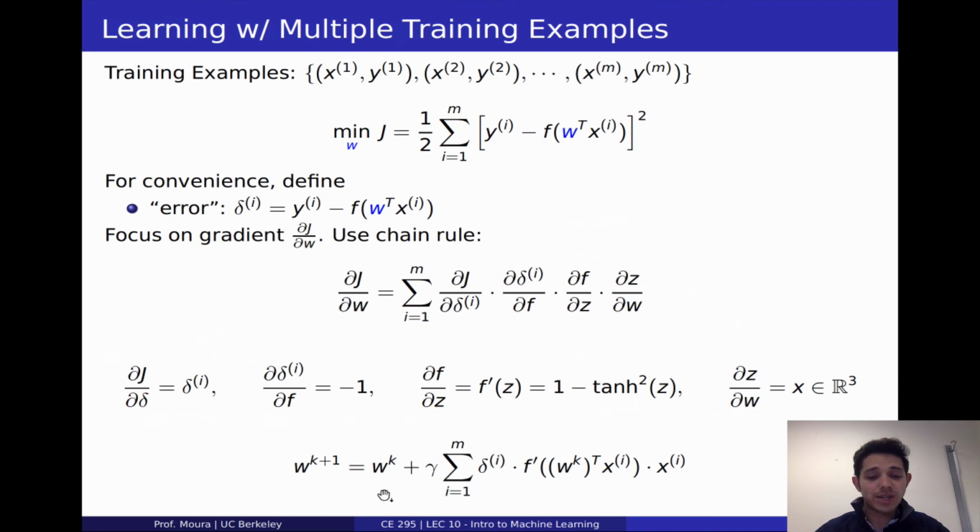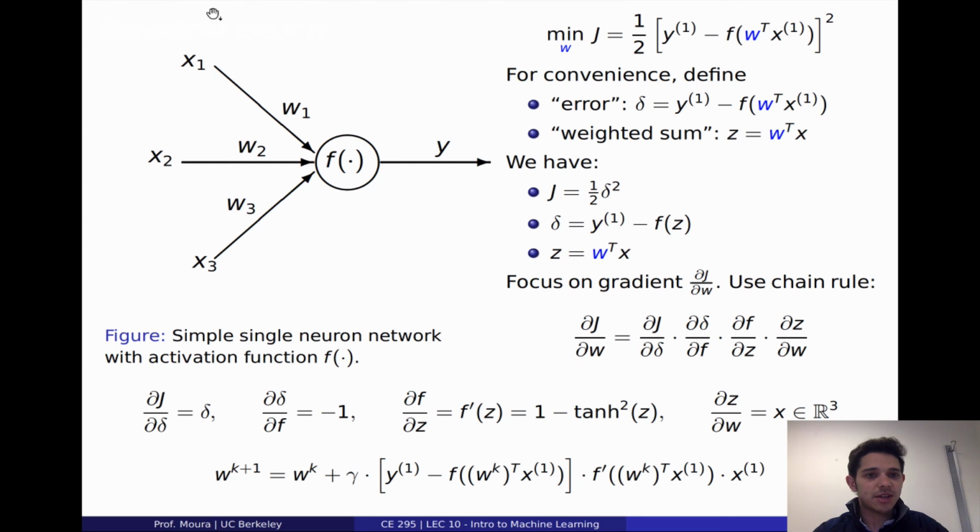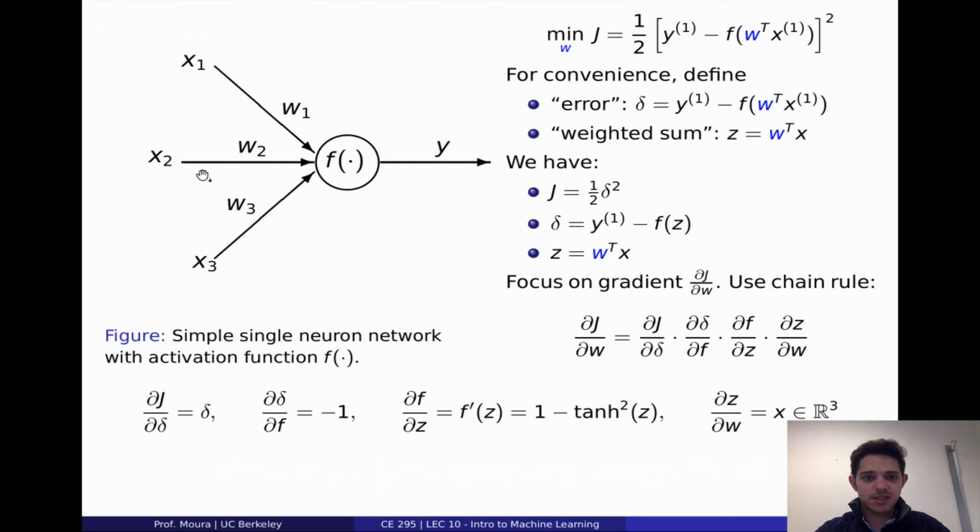To review, all we did was gradient descent and applying chain rule. That is it. So in homework 4, what you're required to do is to build a forecasting algorithm based off a single neuron. That looks just like this picture here.